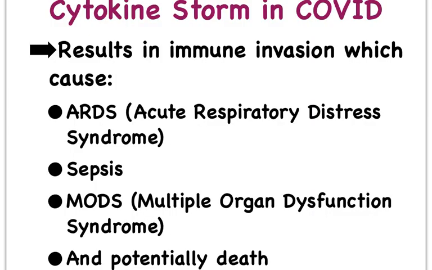So here you see a list of the various horrible consequences of the cytokine storm. A person might end up with acute respiratory distress syndrome. It can get even worse, and we can start suffering from sepsis, which then ultimately might lead to multiple organ dysfunction syndrome or MODS, and that most likely is going to lead to death.